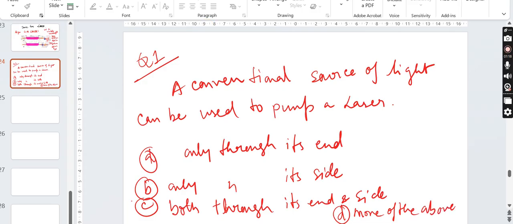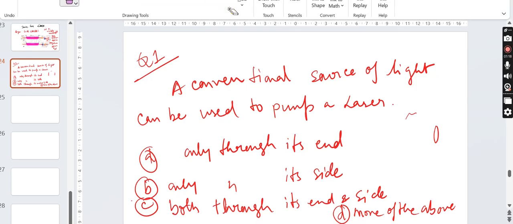So basically, we have seen in the previous class that the light from conventional light sources is not coherent at all. So the best practice is to use side pumping. For end pumping, the overlap is poor at first, since it is not a coherent light source.